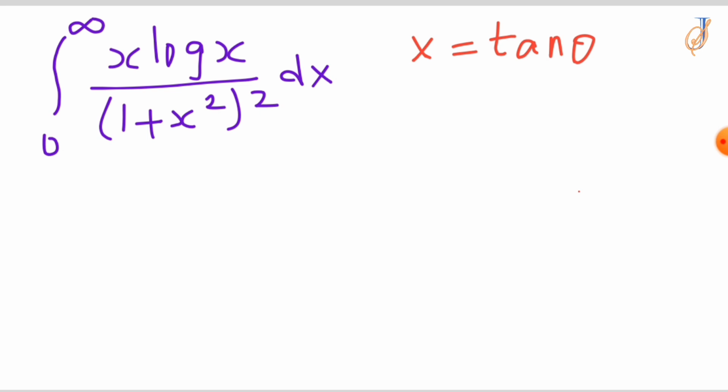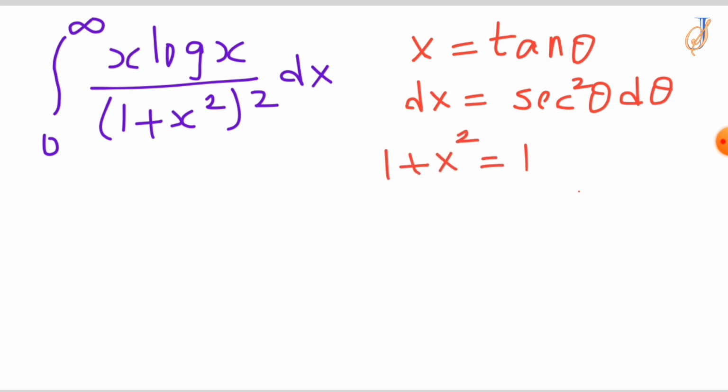x equal to tan θ. Then the derivative of x, that is the derivative of tan θ, is sec²θ dθ. At the denominator we have 1 plus x², that means 1 plus tan²θ, which is sec²θ, isn't it? So let's substitute here.